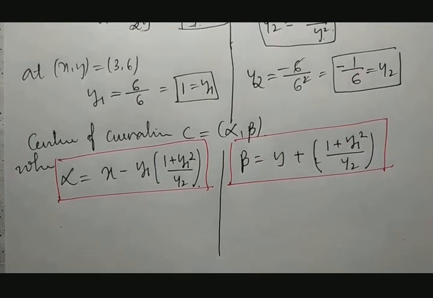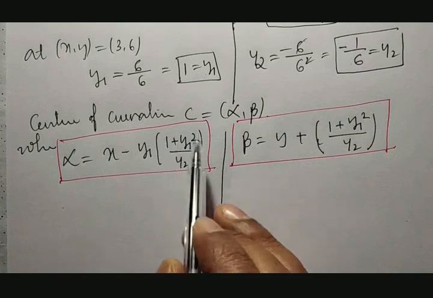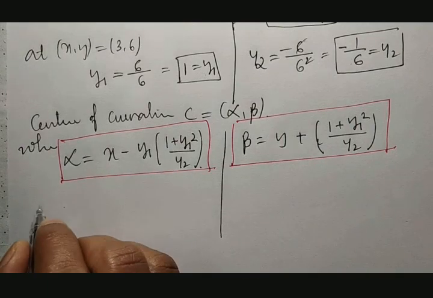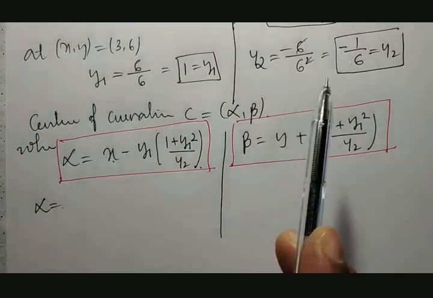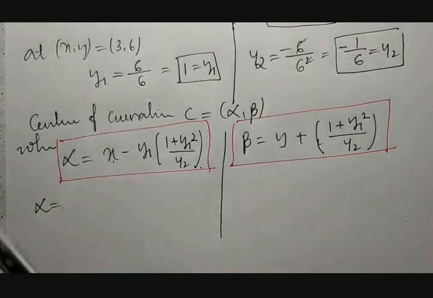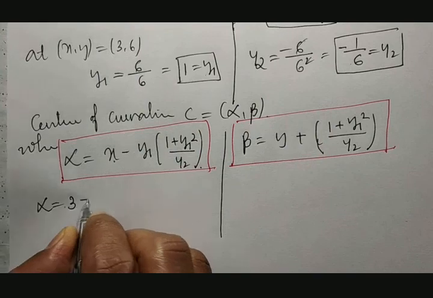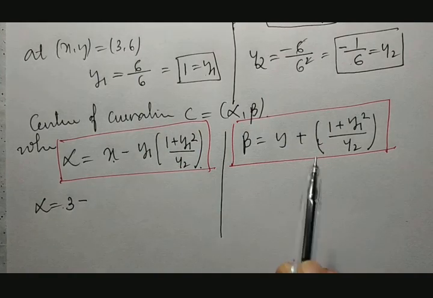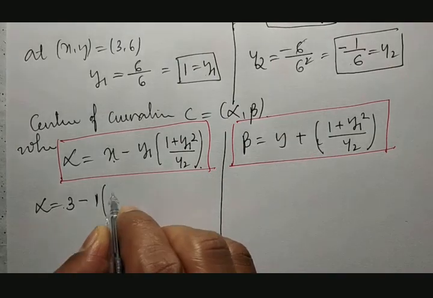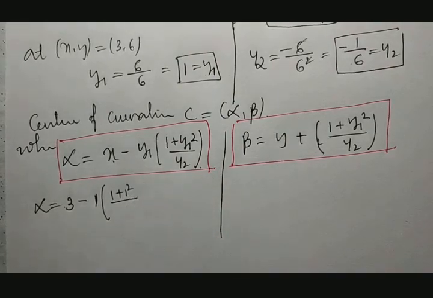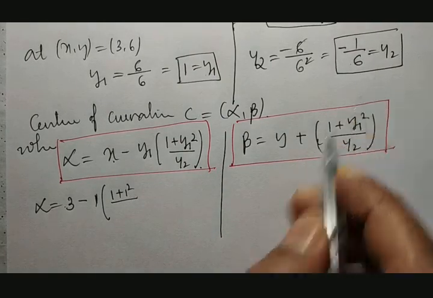Therefore, let us substitute the values and find alpha and beta. Alpha is equal to x, what is x? 3. So 3 minus y1, what is y1? 1, into 1 plus 1 square divided by y2. What is y2?